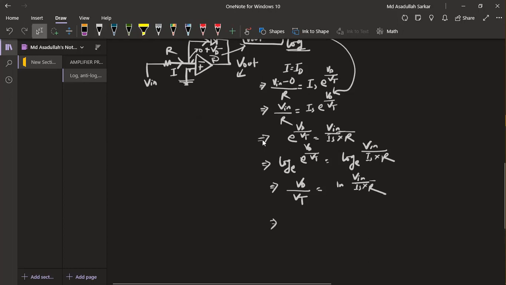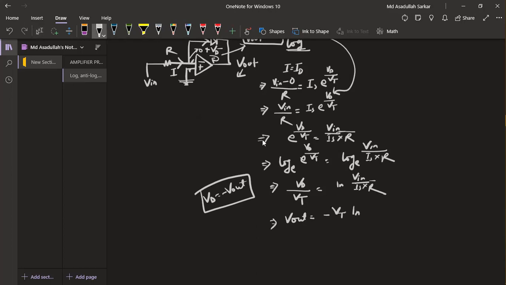Finally, if I apply Vd equals minus V output, then V output equals minus Vt ln of V in by Is R. This is the ultimate expression of a logarithmic amplifier.